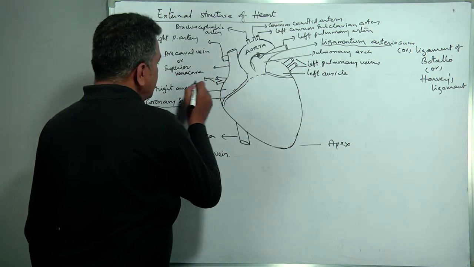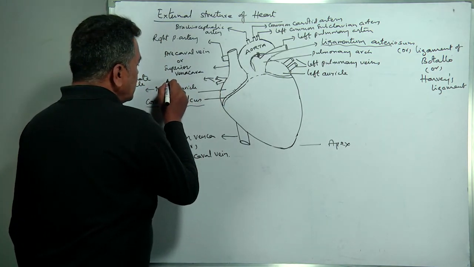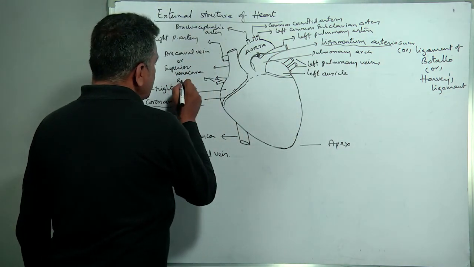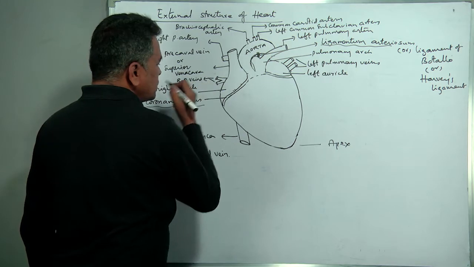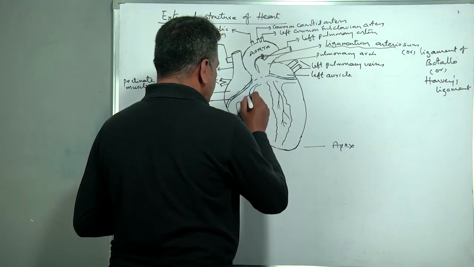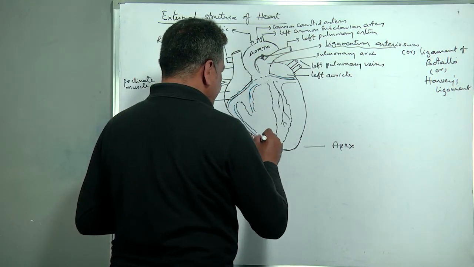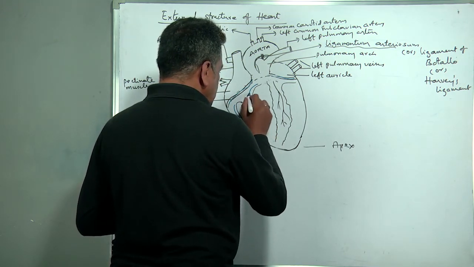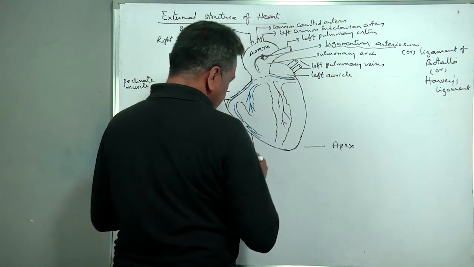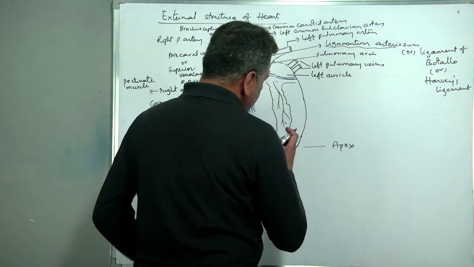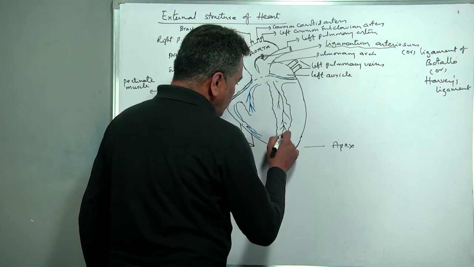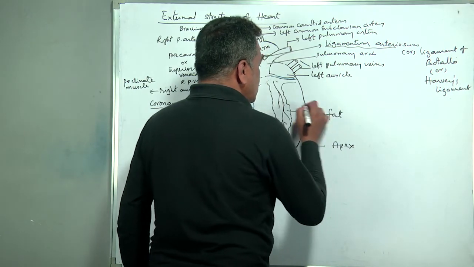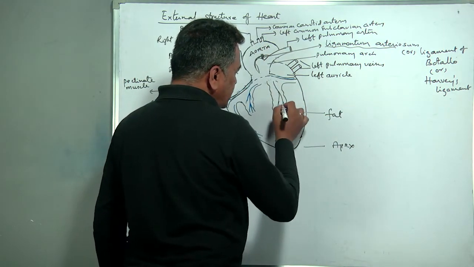This is the left pulmonary veins, and this is the right pulmonary veins. So these are the facts, and here you find the groove.